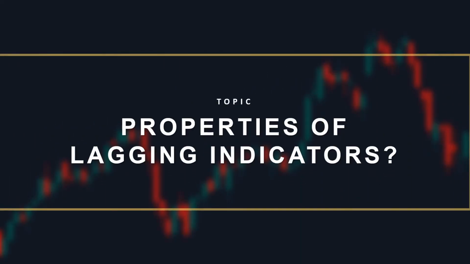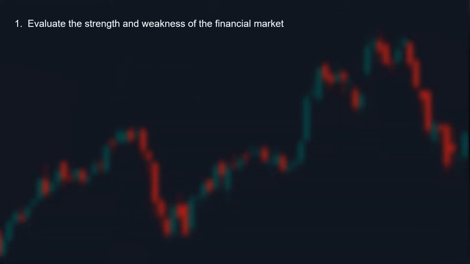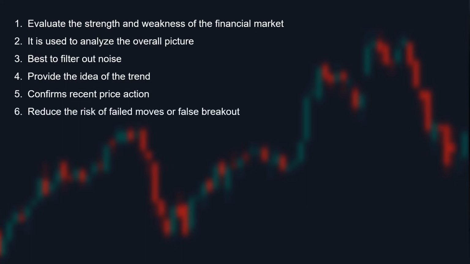Properties of lagging indicators. Lagging indicators are used to evaluate the strength and weakness of the financial market. They are used to analyze the overall picture. Best to filter out noise. Provide the idea of the trend. Confirm recent price action. Reduce the risk of failed moves or false breakouts. Lagging indicators utilize past price action data.